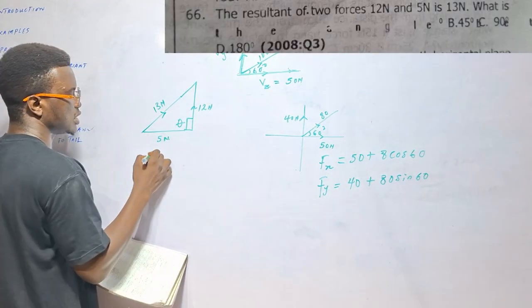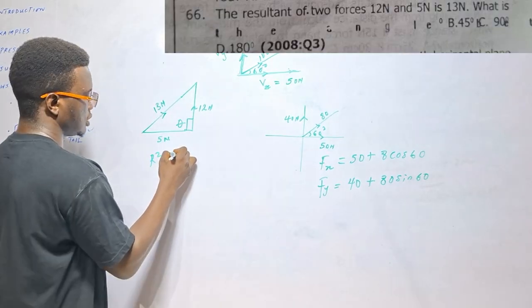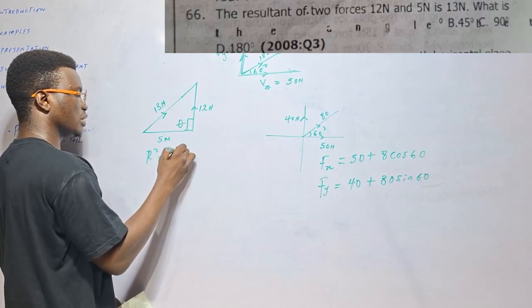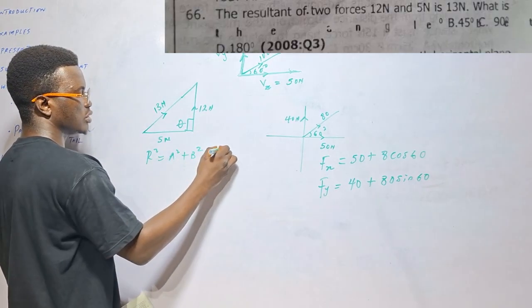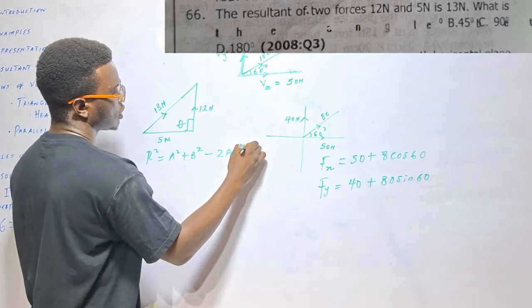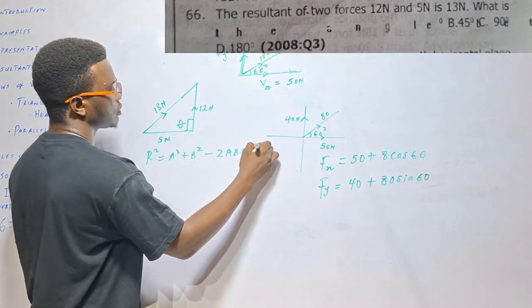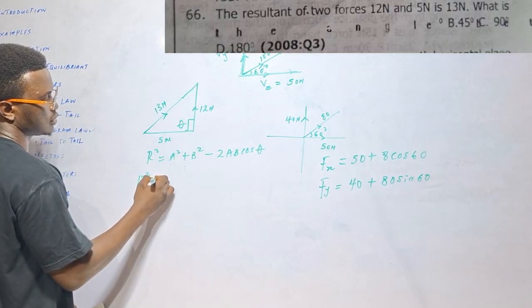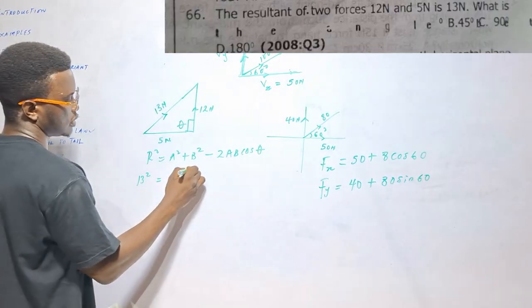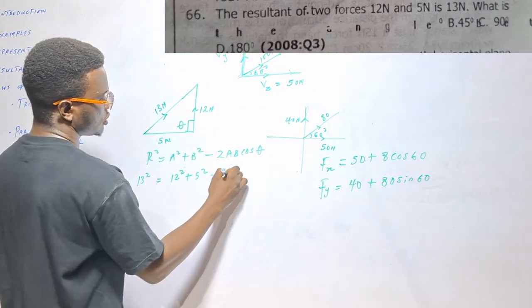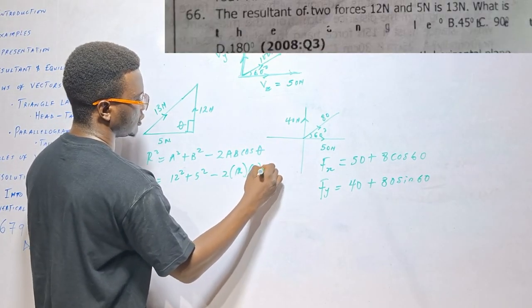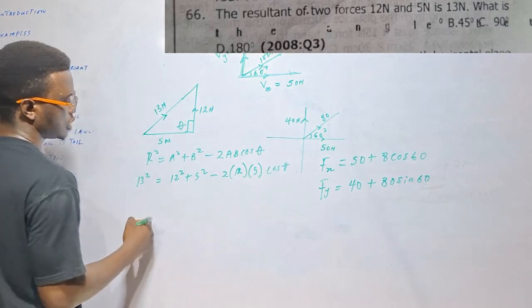So theta, that's going to be R squared equals A squared plus B squared minus 2AB cos theta. So now this is going to be 13 squared equals 12 squared plus 5 squared minus 2 into 12 into 5 cos theta. So let's quickly look for that.